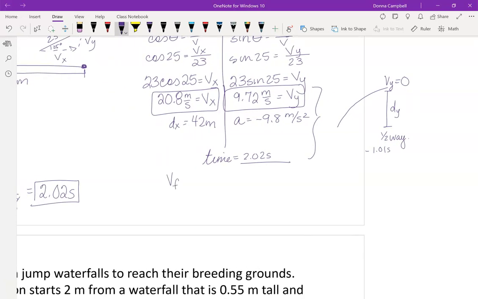So let's see, Vf squared equals Vi squared plus 2AD. And this is all y stuff, right? Everything is y. So 0 equals 9.72 squared plus 2 times negative 9.8 times d.